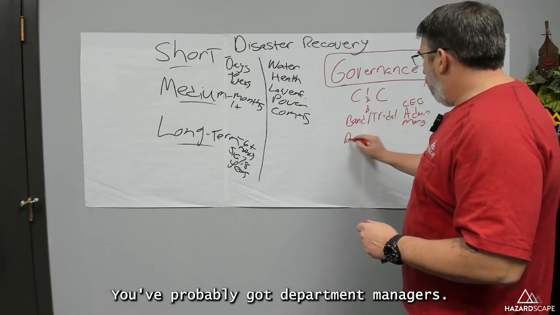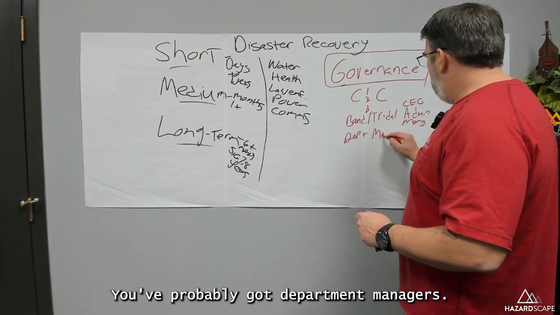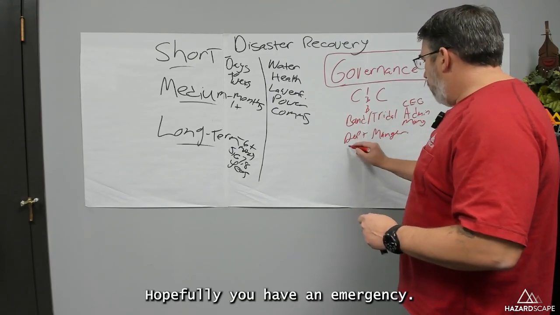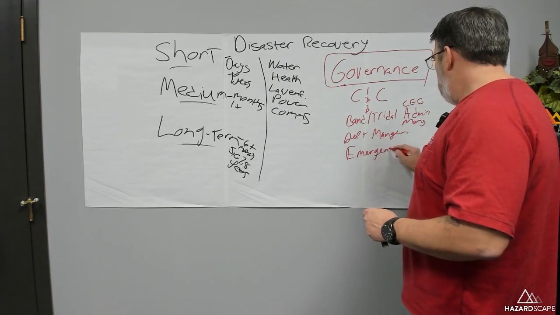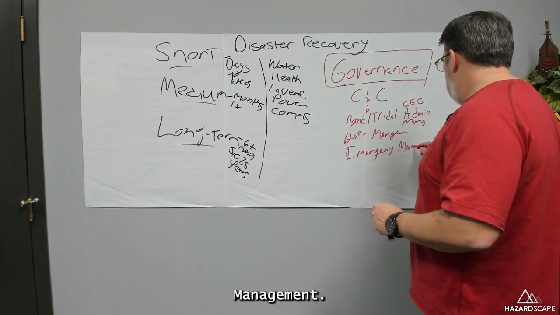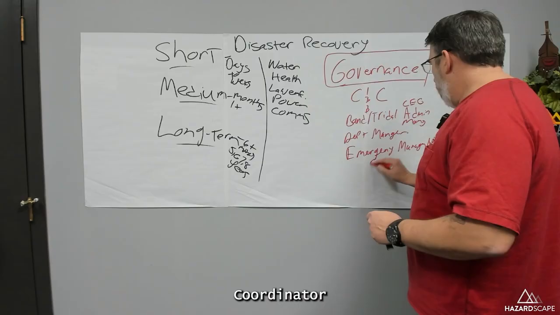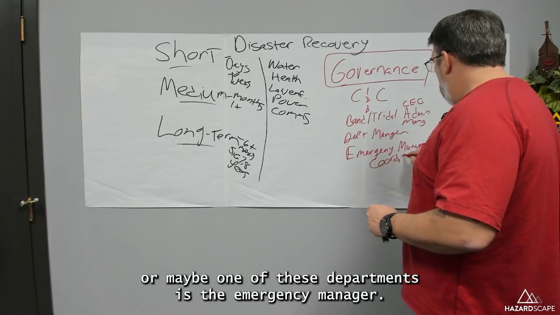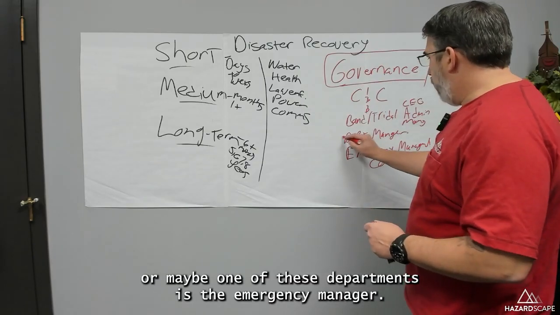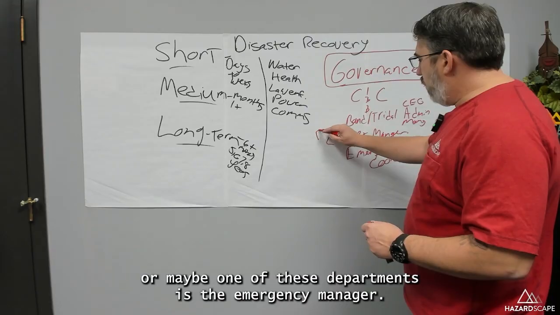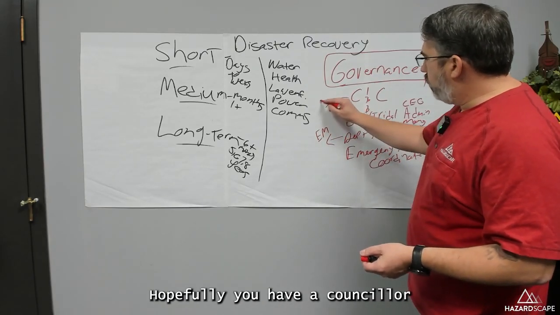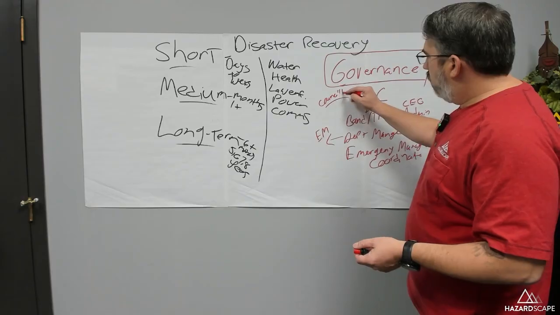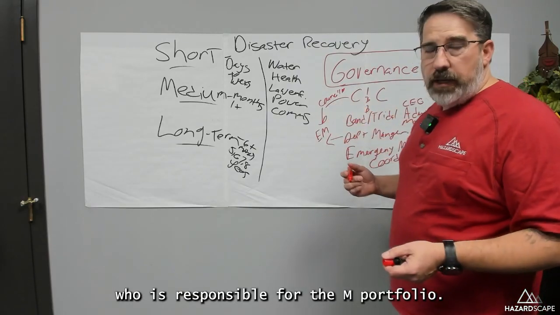You've probably got department managers. Hopefully you have an emergency management coordinator. Or maybe one of these departments is the emergency manager. It has it in their portfolio. Hopefully you have a councillor who is responsible for the EM portfolio.